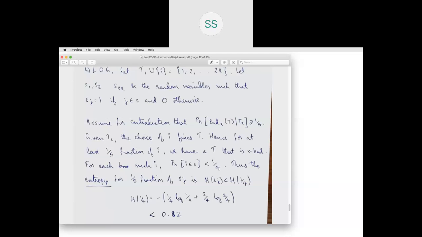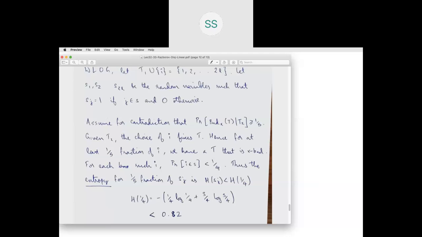Now it's all about something called entropy calculation. This entropy is similar to thermodynamic entropy, but slightly different. You can check Wikipedia for Shannon entropy, or entropy in information theory.